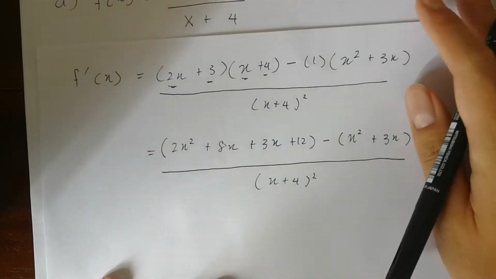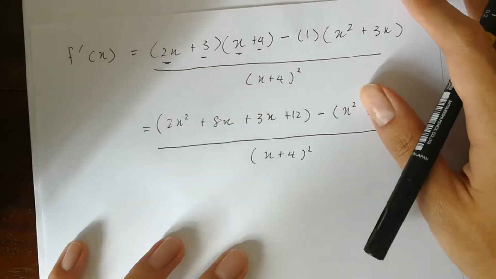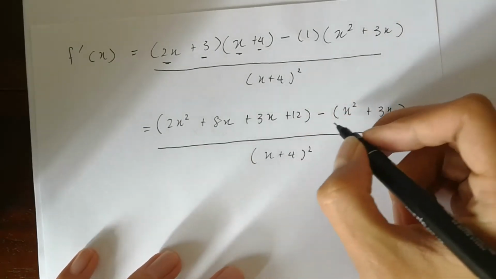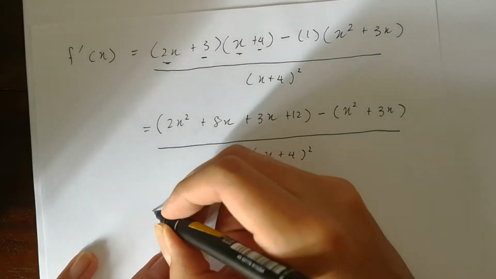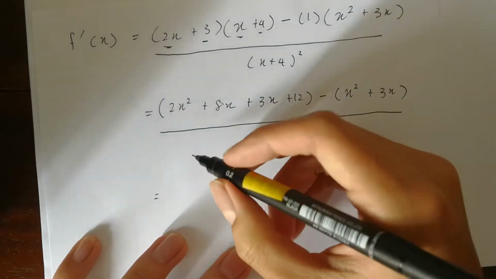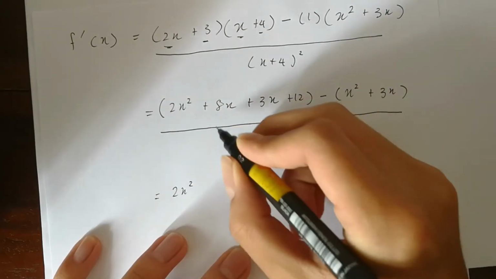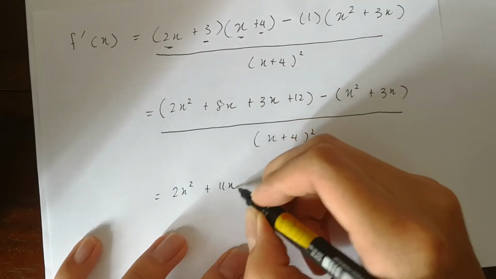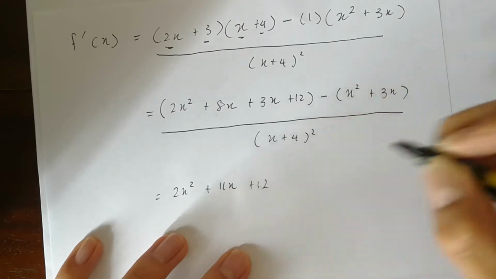Moving on, you have to simplify even more and open up the brackets. You get 2x squared plus 8x plus 3x, which is 11x, plus 12.